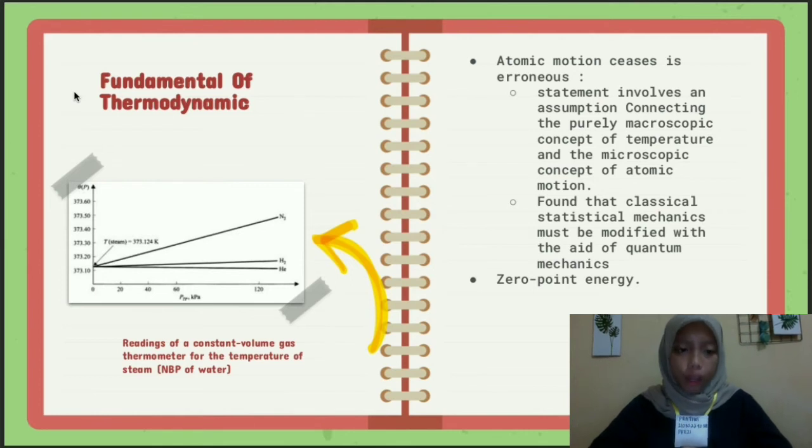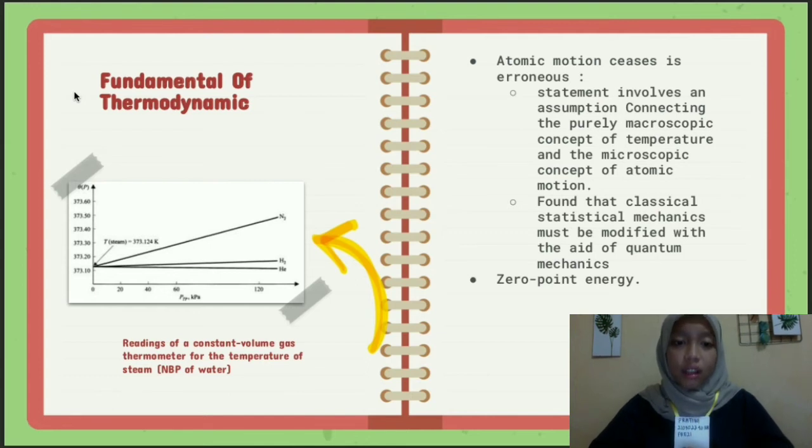In this graphic, when the water is boiling, it is steam, and the value of temperature is 373.124 Kelvin.